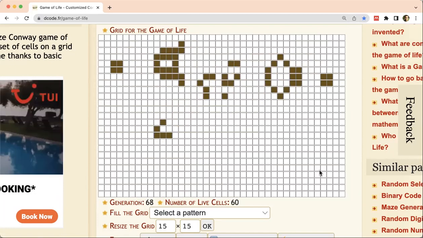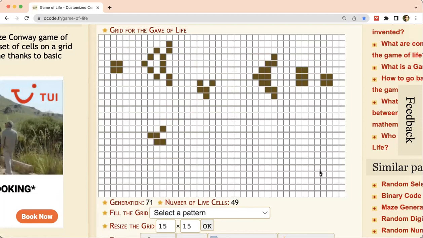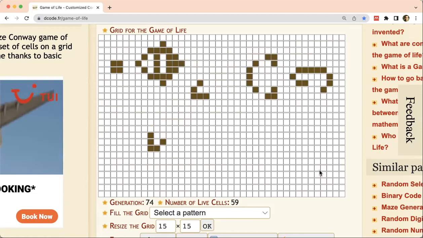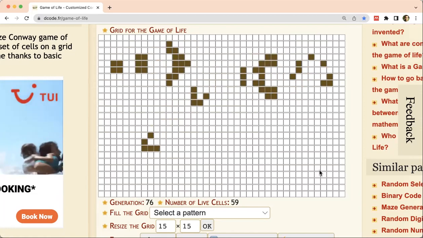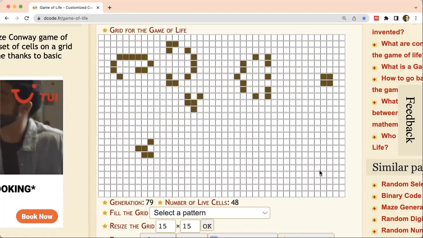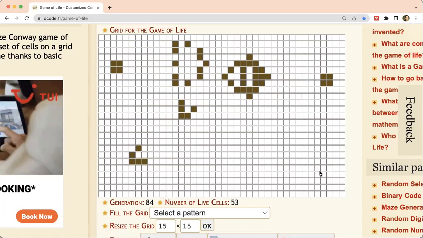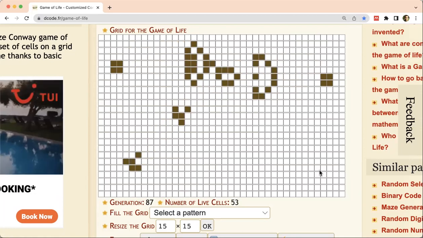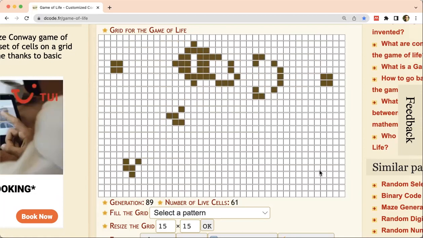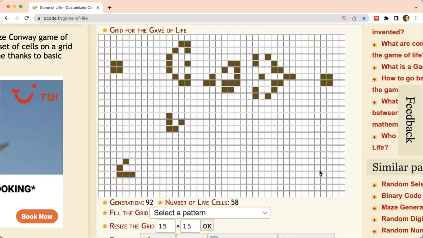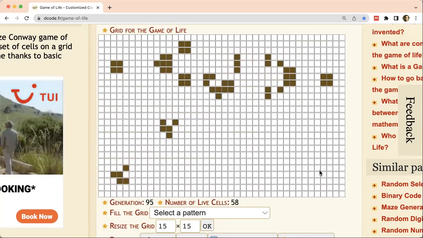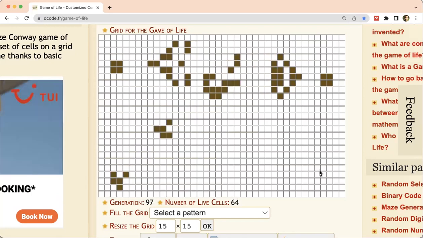So this pattern, which you can think of like an offspring of these 2 spaceships, is now moving, and then another pattern just got generated again, and that again is going to move from the right to the left. And again, these 2 spaceships are going to move towards each other, and again there is going to be another pattern which is generated, and that's going to move from the right to the left.